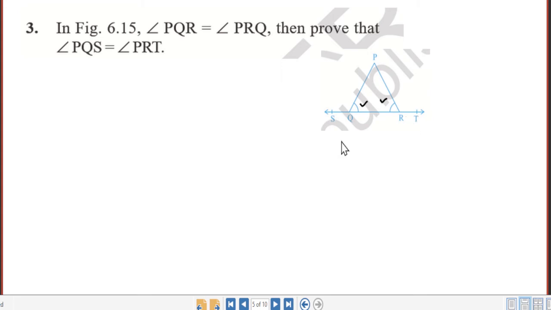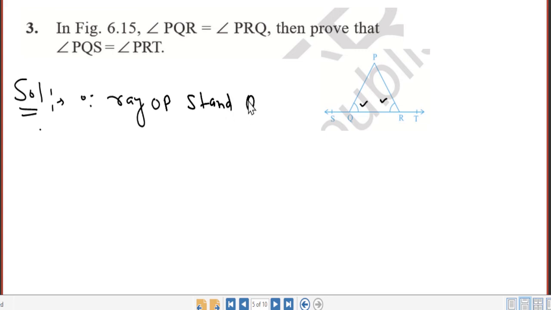Very easy question. How do you prove this one? So when you want to prove this one, what is given? Angle PQR is equal to PRQ is given. We have to prove that. So since ray QP stands on line ST, so what happened?